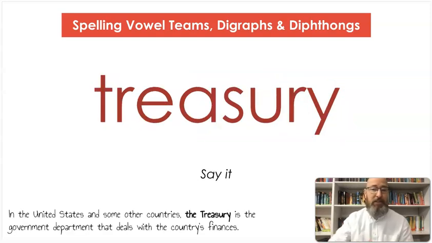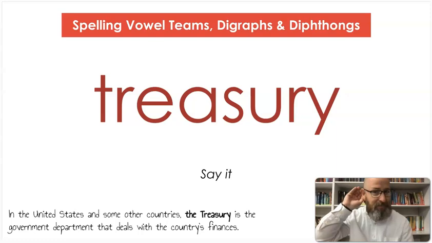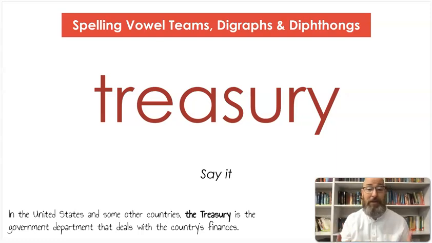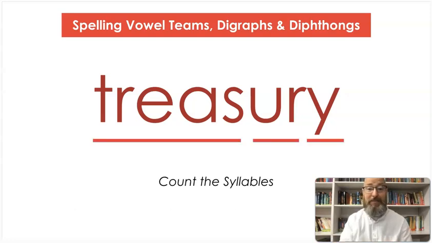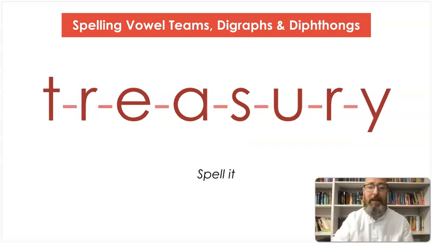Our next word is treasury. Say treasury. In the United States and some other countries, the Treasury is the government department that deals with the country's finances. Count the syllables. Treasury. Let's spell it.